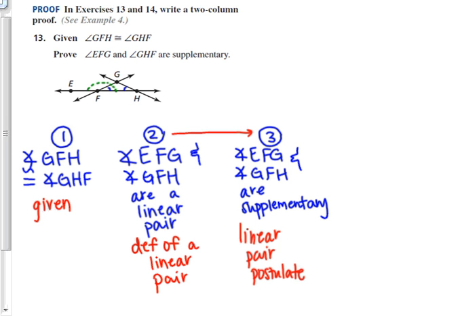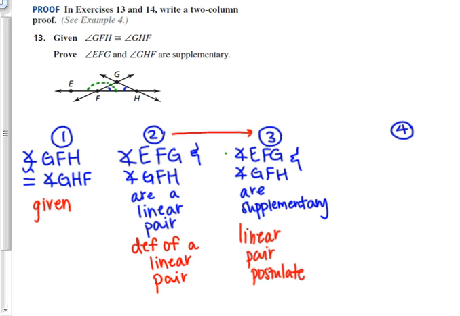So my fourth and final step here is to use my congruent supplements theorem, the converse of it. So basically I'm starting with the fact that EFG and GFH are a linear pair, and I know that EFG and GFH are supplementary. So I'm coming from right here, I marked that little green dot. I know that EFG and GFH are supplementary.